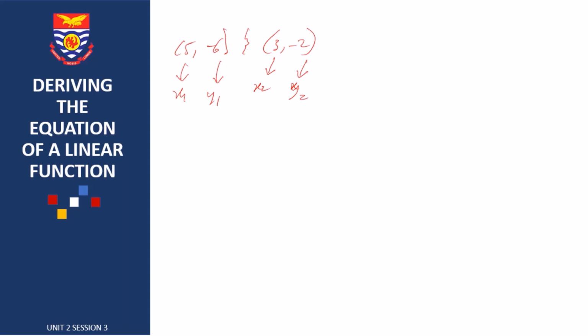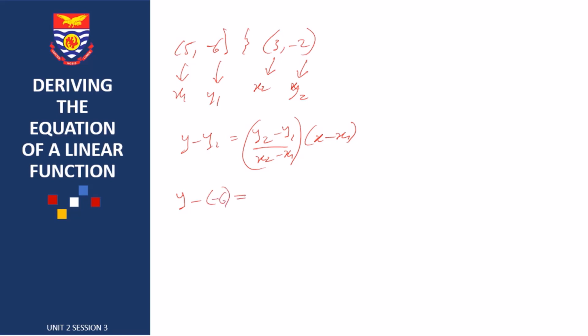Alright, so now let's try and write the equation. We have y minus y1 equal to y2 minus y1 over x2 minus x1, multiplying x minus x1. Now I'll have y minus, what is my y1? My y1 is minus 6, so it will be y minus minus 6.